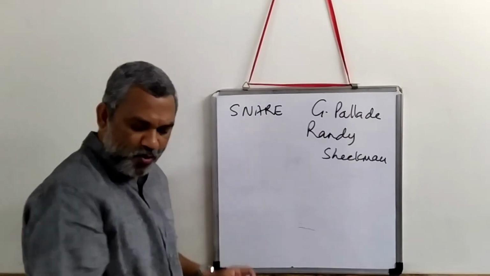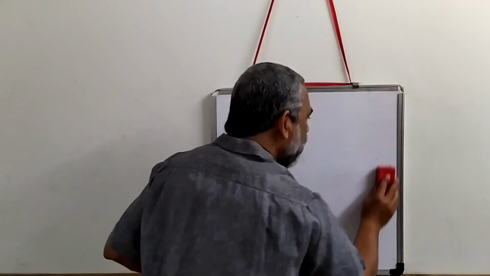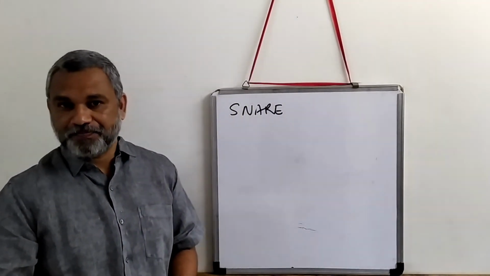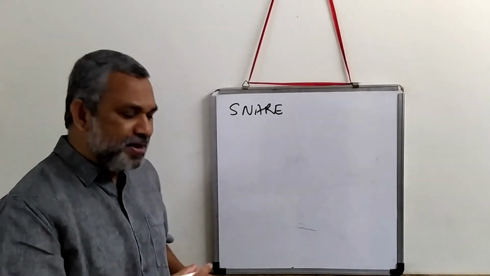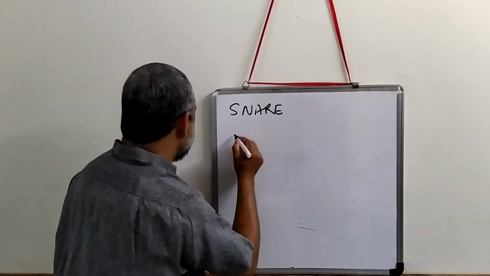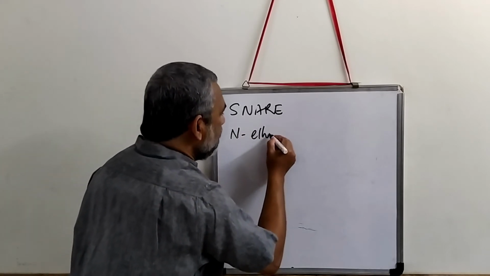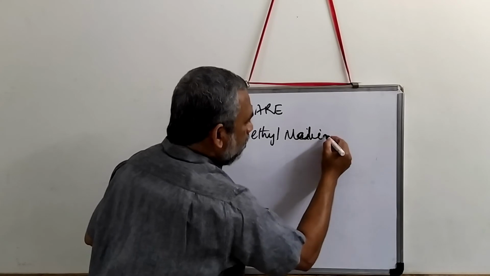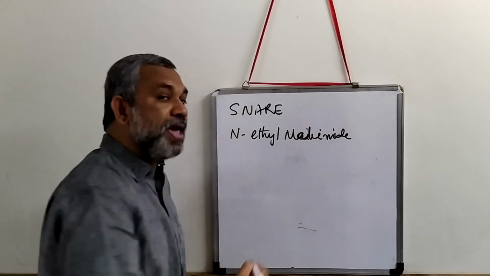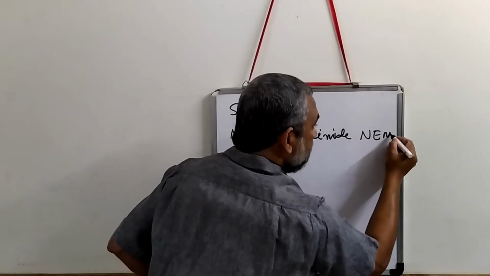So let us look at what exactly the SNARE proteins are. How does this name SNARE come? They were looking at a particular chemical, and the chemical name is N-ethylmaleimide, so the short form is NEM.